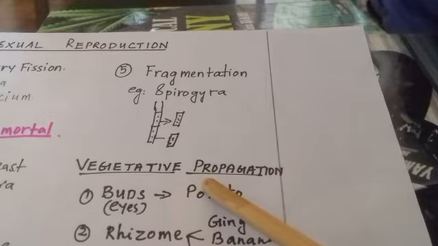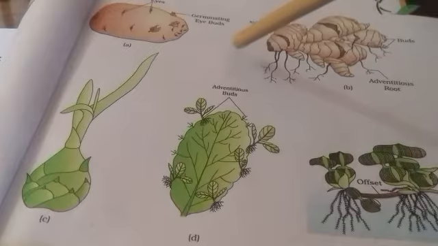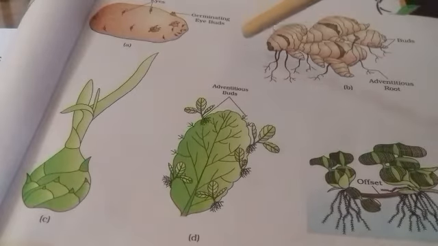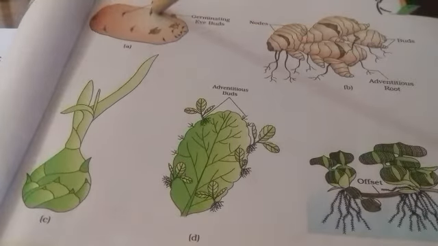Then let us understand what the structures are which produce new plants. In higher groups of plants, the term asexual reproduction is frequently used as vegetative reproduction or vegetative propagation. So here from the vegetative part of the plant body, certain structures are produced. These structures can develop into a new plant. For example, in potatoes, buds are produced, and these buds are known as eyes.